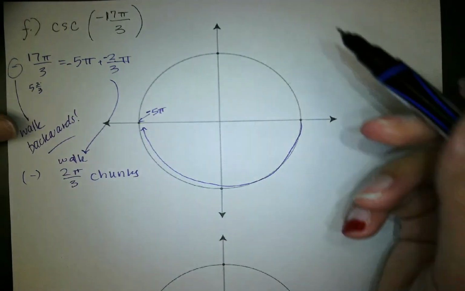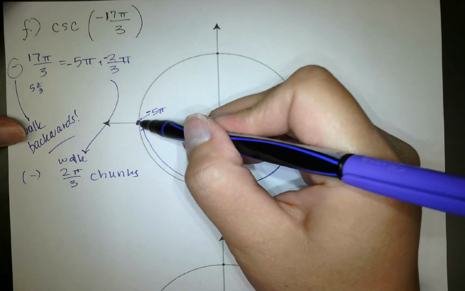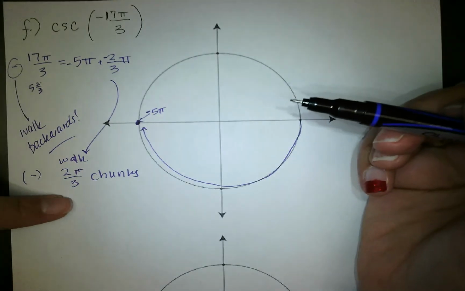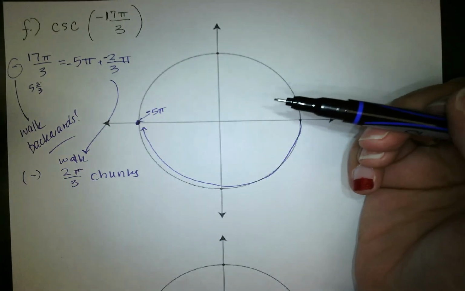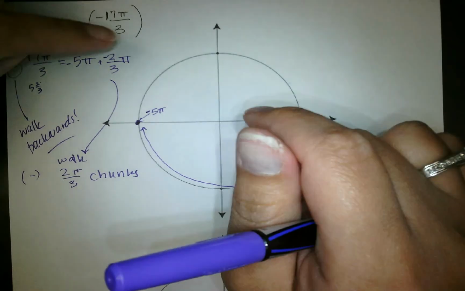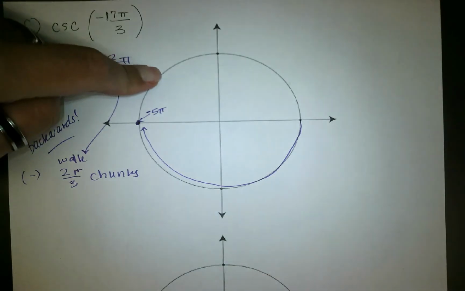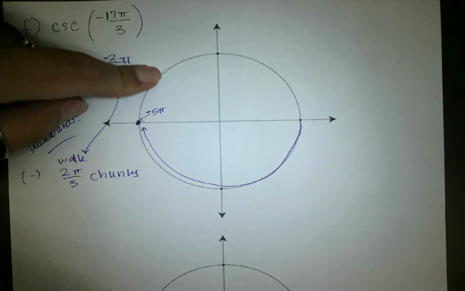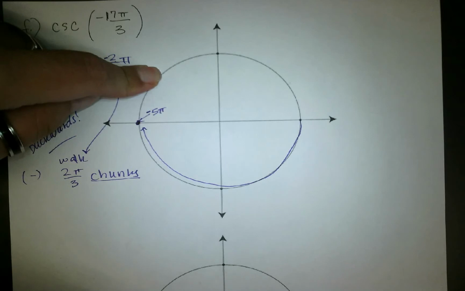Alright, so if I'm here, I need to walk 2 pi over 3 chunks. Not to the 2 pi over 3 spot, so be careful. I'm not walking to this spot. This is 2 pi over 3 right here. I need to walk 2 pi over 3 chunks. Okay? So it's a measurement. It's a distance. So that's how I want you to think.